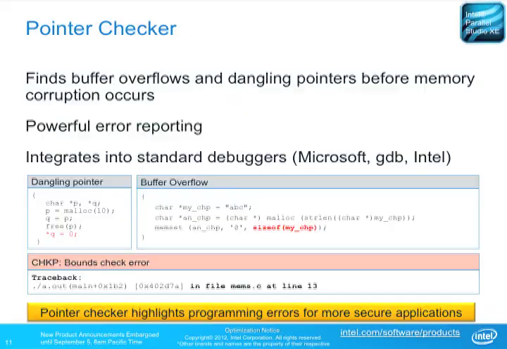Now, the pointer checker capability is a novel new thing we added to our compiler, where the compiler will look at every pointer that's used, and it actually extends what's in a pointer. A pointer is not just a single pointer, but a pointer along with an upper and lower bound.